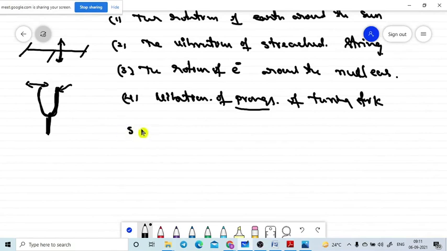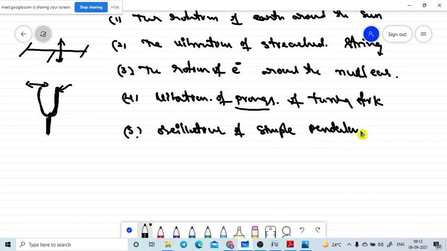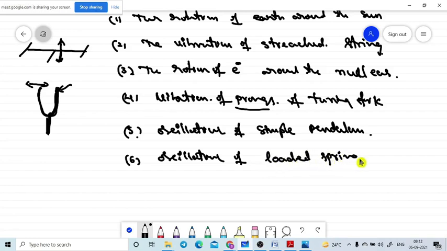Another one is the oscillations of a simple pendulum, as we discussed above. We also discussed the oscillations of a loaded spring. These are also periodic motions.